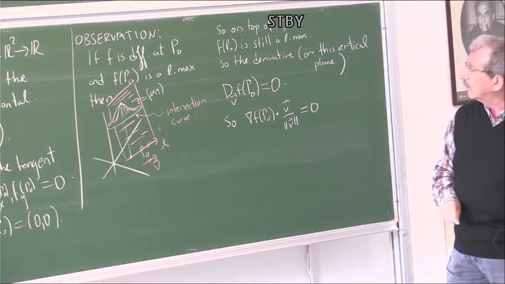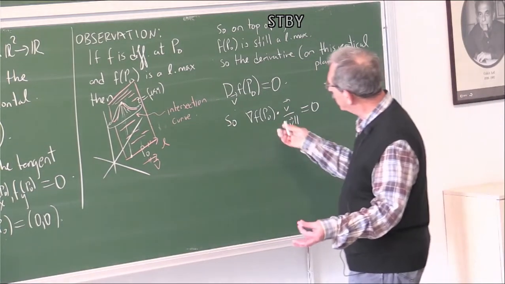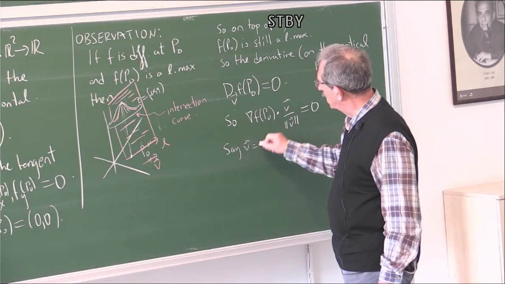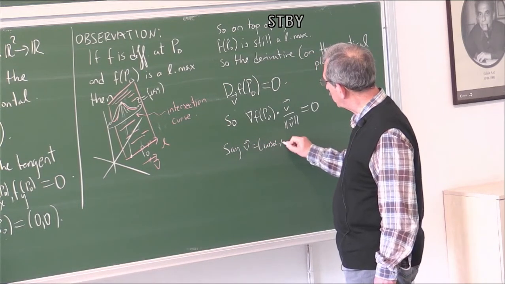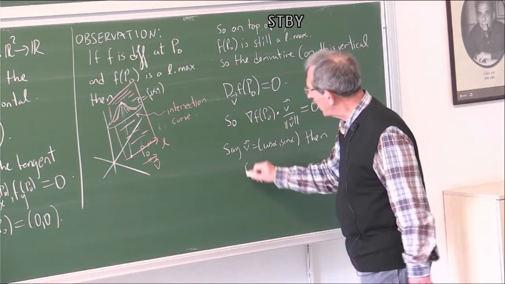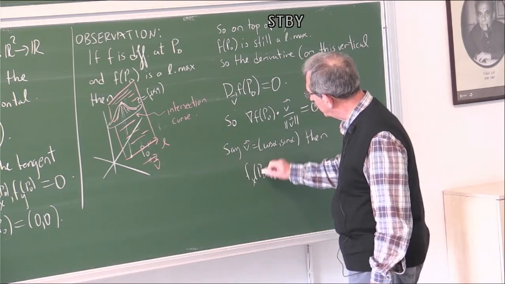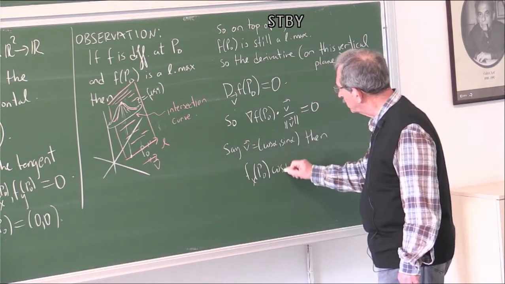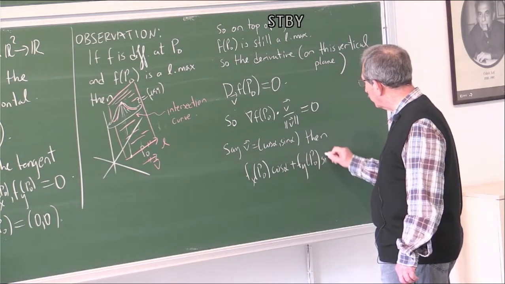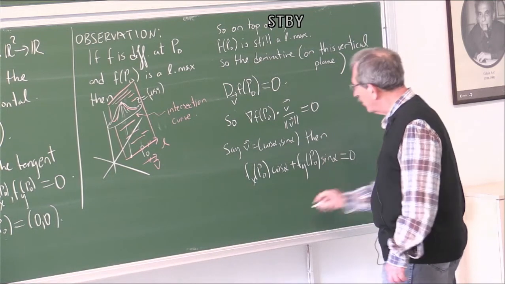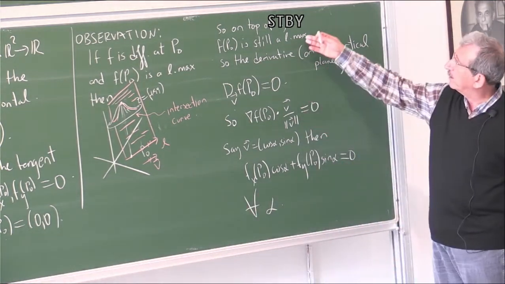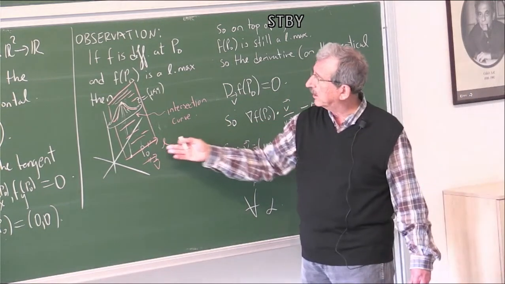Well, if we assume v is cosine alpha, sine alpha, then f sub x at p0 cosine alpha plus f sub y at p0 sine alpha is 0 for every alpha. Because here L is not a particular line.